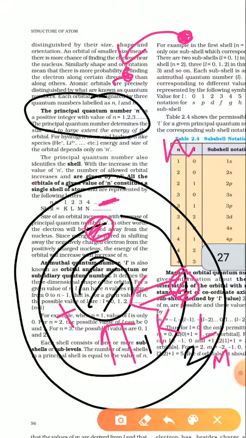So as the size of n increases, K, L, M, N, the nth shell will have the highest energy shift value. No need to go that much in depth. Just think about one thing: the principal quantum number represents the shell number, or the size and energy of the orbit.